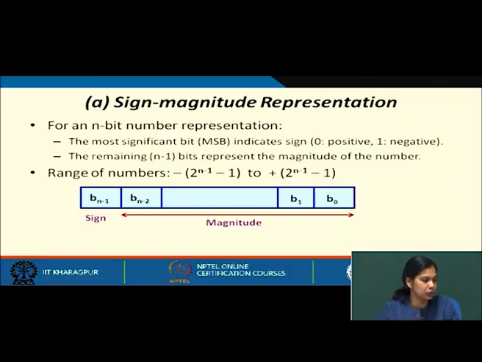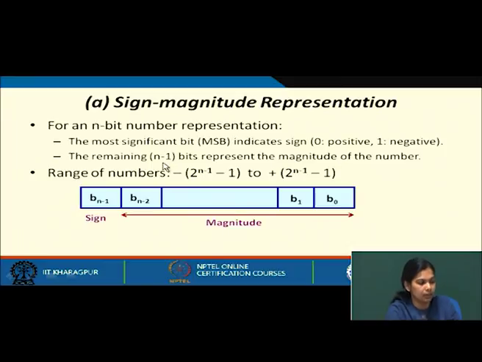In sign magnitude representation, for an n-bit number, the most significant bit indicates the sign. If the most significant bit is 0, then it is a positive number. If it is 1, it is a negative number, and the remaining n minus 1 bits represent the magnitude of that number.